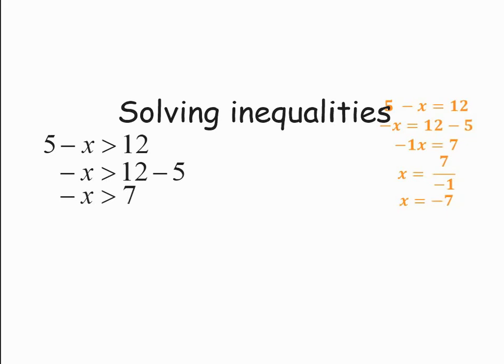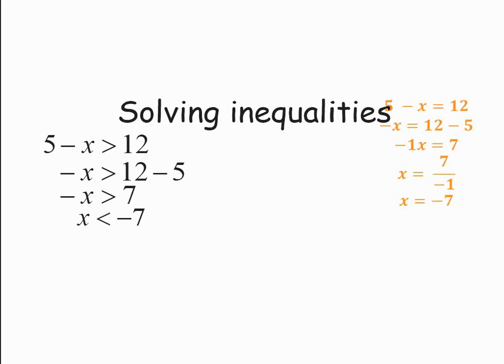Now, if you take away 5 from 12, you're going to get 7. So minus x greater than 7. What happens next? If I divide both sides by minus 1, which is the coefficient of x, I'm going to get on the left hand side x, and on the right hand side I will have minus 7, because 7 divided by minus 1 is minus 7.